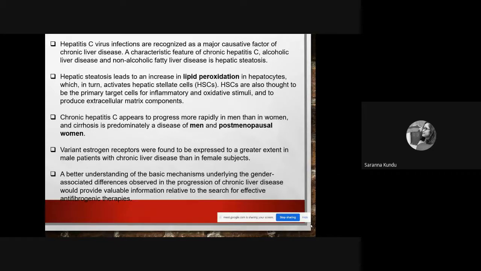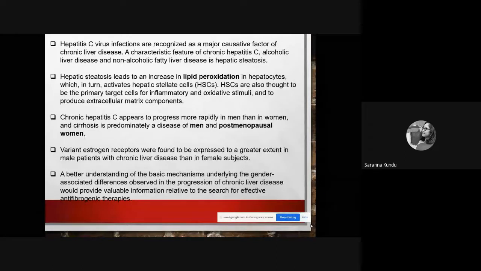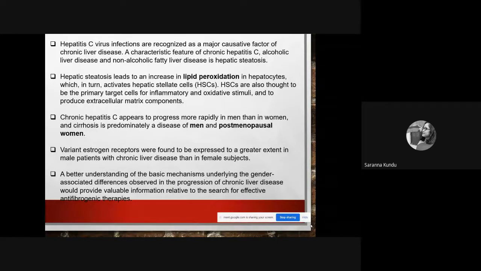I'm representing that there is some relationship between liver disease and estrogen. Chronic liver disease and these things are more common in men than women because of estrogen, and in post-menopausal women also, because there is some deficiency of estrogen.